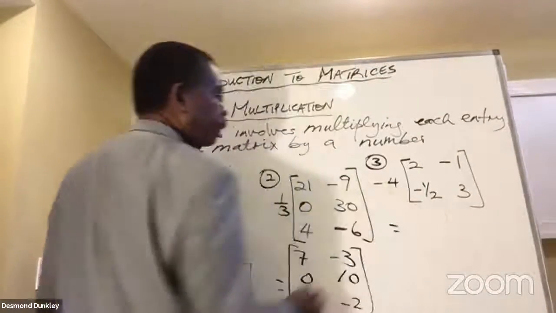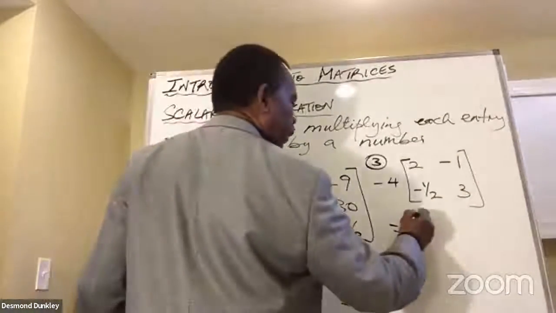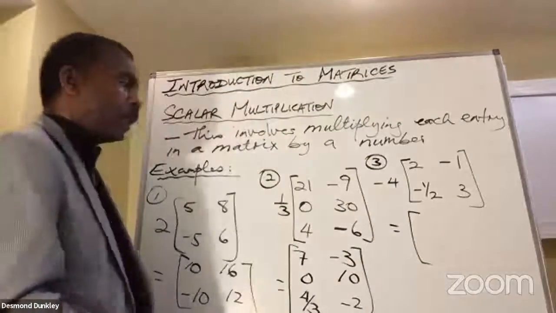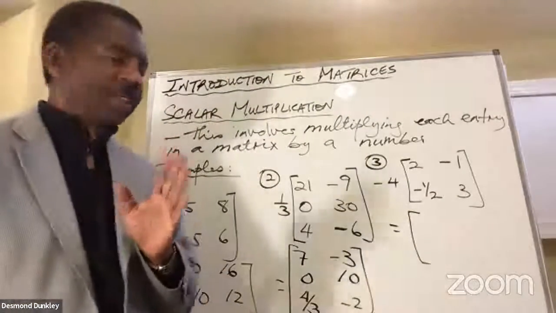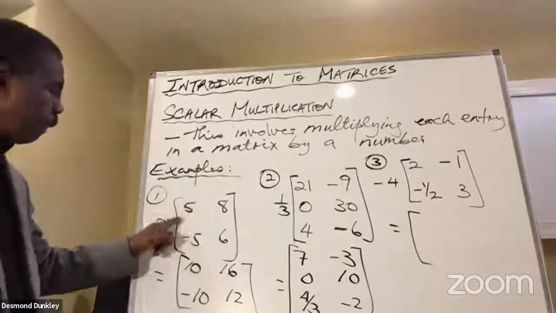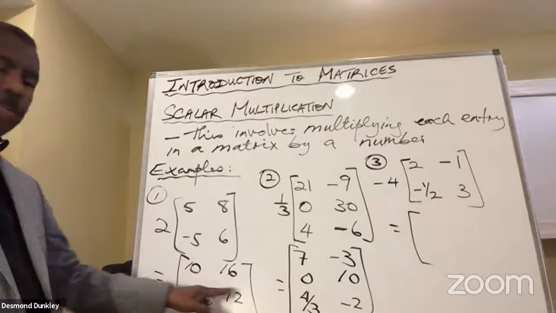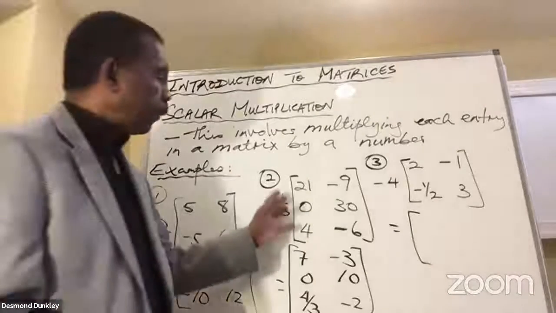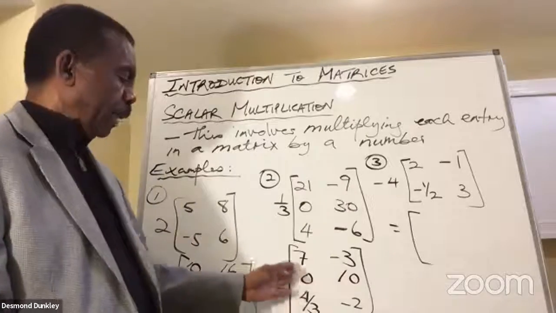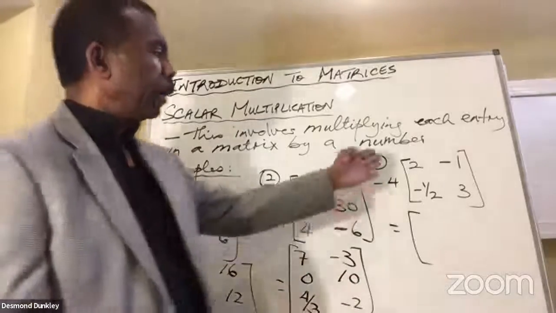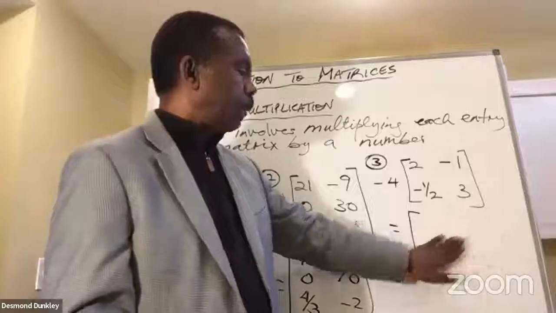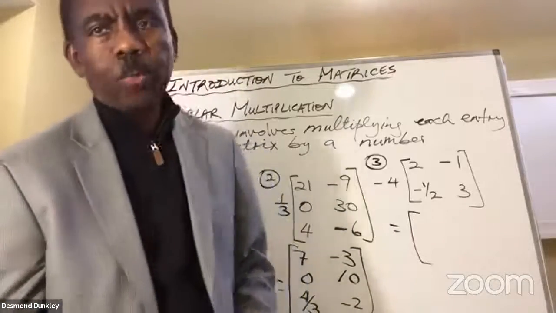Result, we end up with, I hope by now you notice that the dimensions do not change. You got a 2 by 2 before, you end up with a 2 by 2. 3 by 2, we end up with a 3 by 2. This again is 2 by 2, the result will still be a 2 by 2.